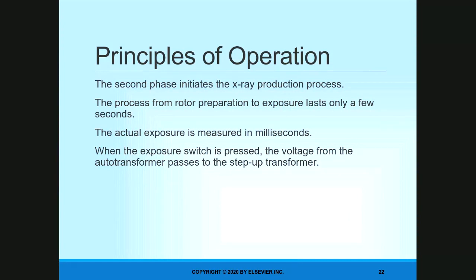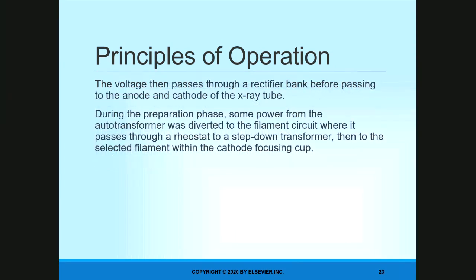When the exposure switch gets pressed, the voltage from the auto transformer, which is controlled by your kVp, passes through what's called a step-up transformer, and actually is what controls how fast those electrons come from the cathode to the anode to smash into that to create the X-rays and how penetrating they will be.